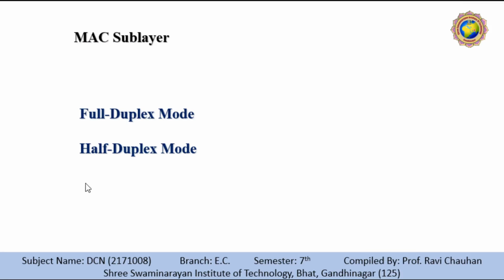Second is half duplex mode. A gigabit Ethernet can also be used in half duplex mode, although it is rare. In this case, a switch can be replaced by a hub, which acts as a common cable in which a collision might occur.